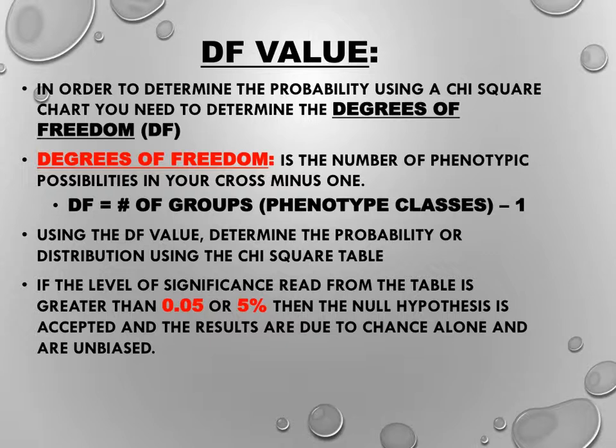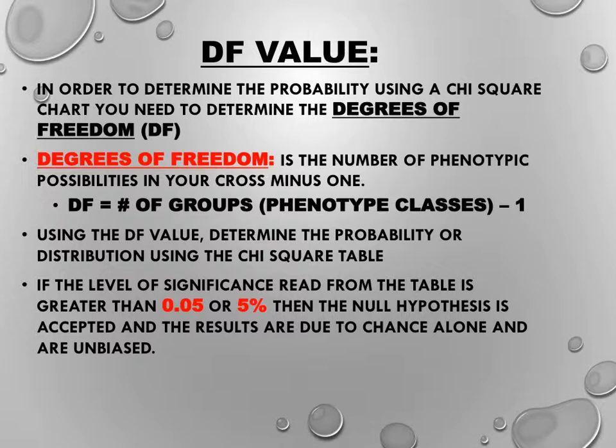So in science, normally the level of significance that we like to read from is 0.05. So on that chi-square chart, under probability, you are going to look for the column or the row, again, it depends on how the table is oriented, that is headed up by 0.05.